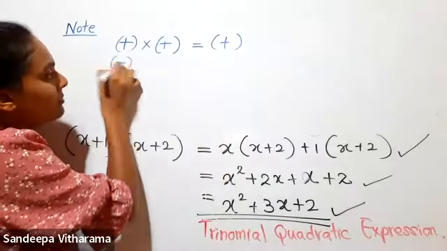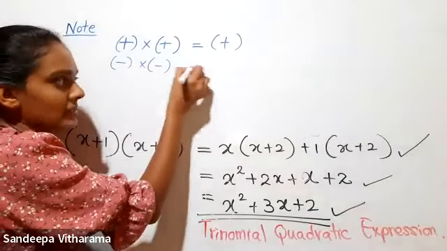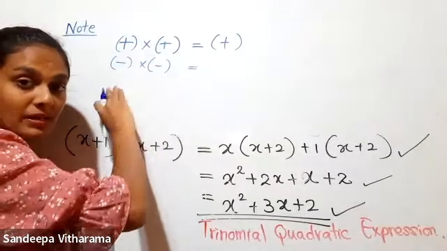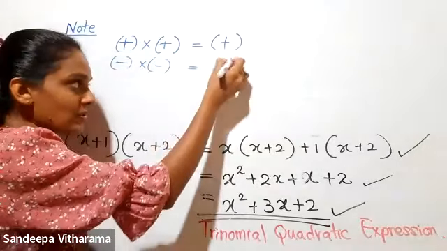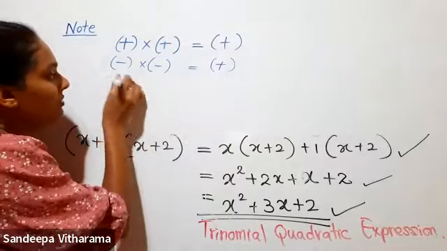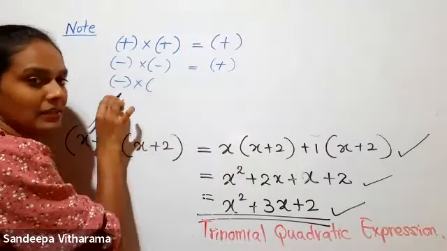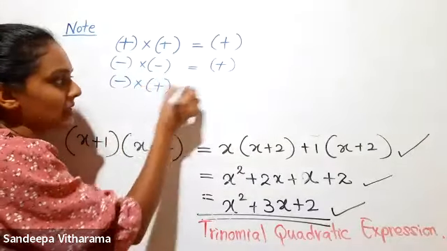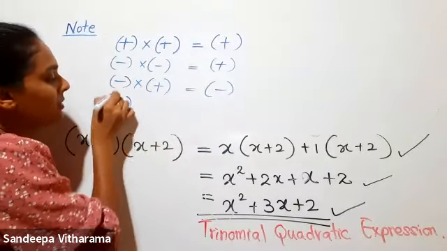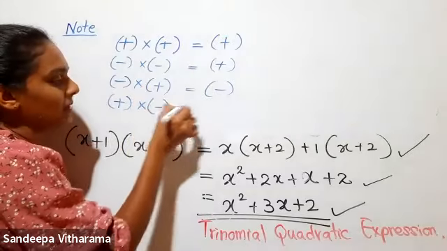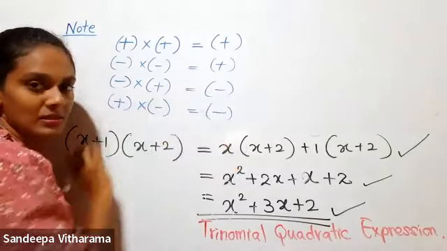When you multiply a minus value by a minus value, same sign numbers, it is also plus. When you multiply a minus sign number by a plus sign number, the answer is minus. When you multiply plus sign by minus sign, the answer is also minus.